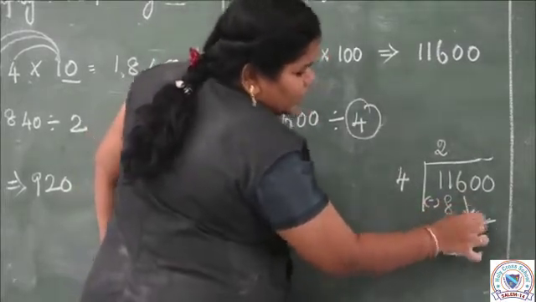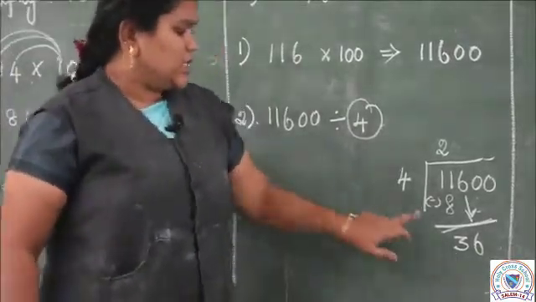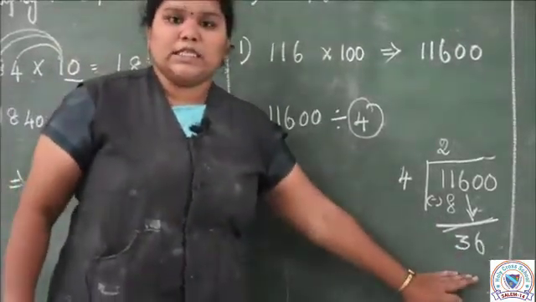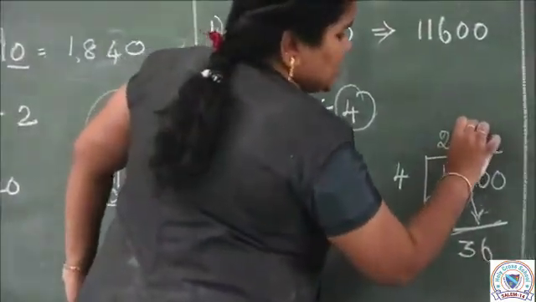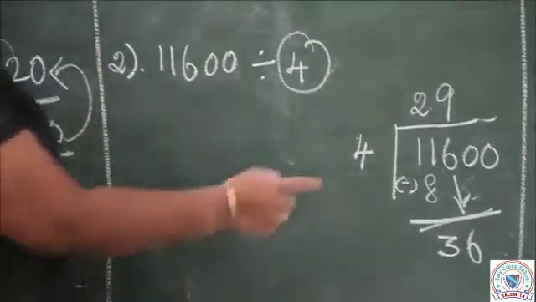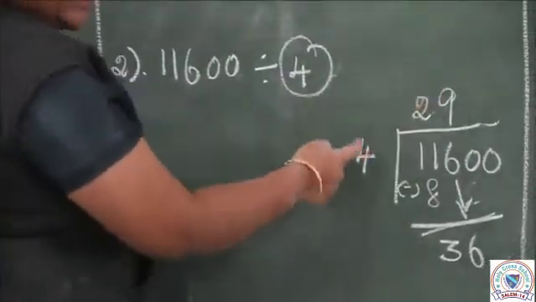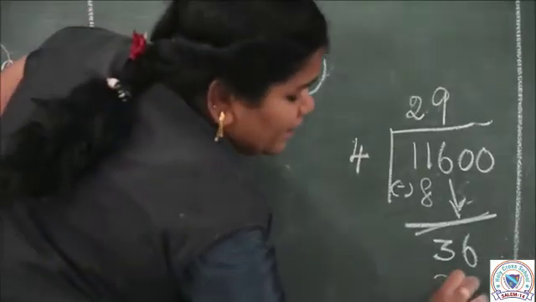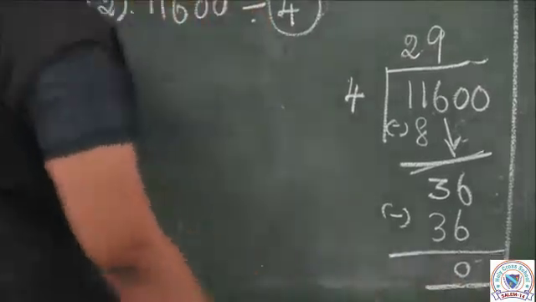Next, bring down the next digit, 6. 36. How many 4s are there in 36? We have 9 4s in 36. Put that 9 in the place of quotient. Then multiply 9 and 4, you will get again 36. Again subtract it, you will get 0.